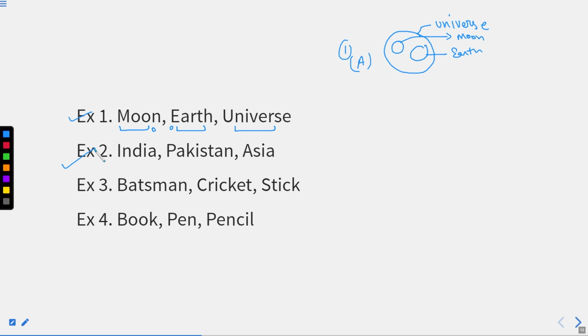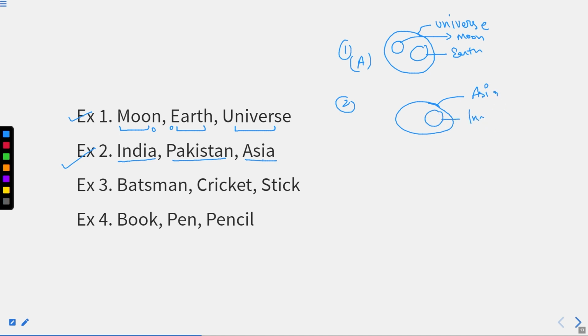Now we'll move to question number 2, that is India, Pakistan and Asia. We know that Asia is a continent, Pakistan is a country, India is a country, both of which are present in Asia. If I consider this as Asia, within Asia I know India is there.